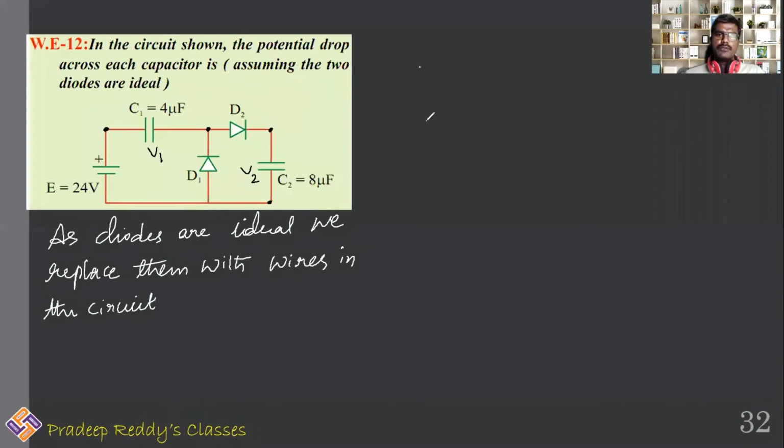So if you replace those, you will be getting a resultant circuit like this. This is the battery. The circuit looks like this.